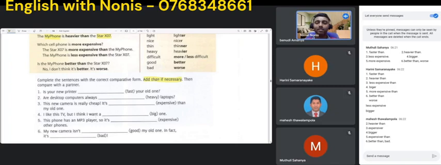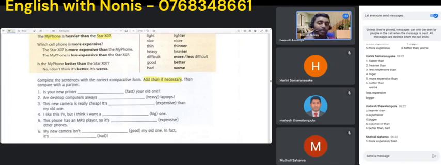Even in the previous grammar part, we saw that it is not expensive, it's more expensive. Yeah. Mutali, your correction is right. And Sakula, the comparative form of bad is worse.